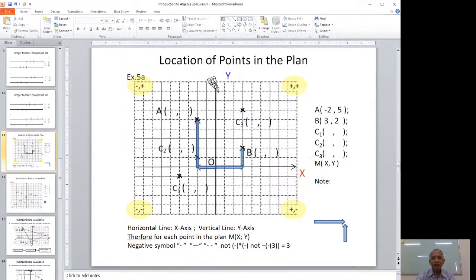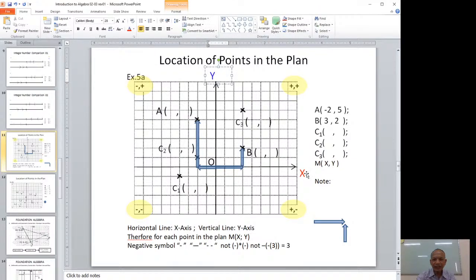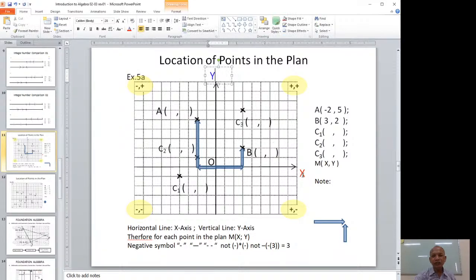So we have the y-axis and the x-axis. The y-axis is vertical and the x-axis is horizontal.